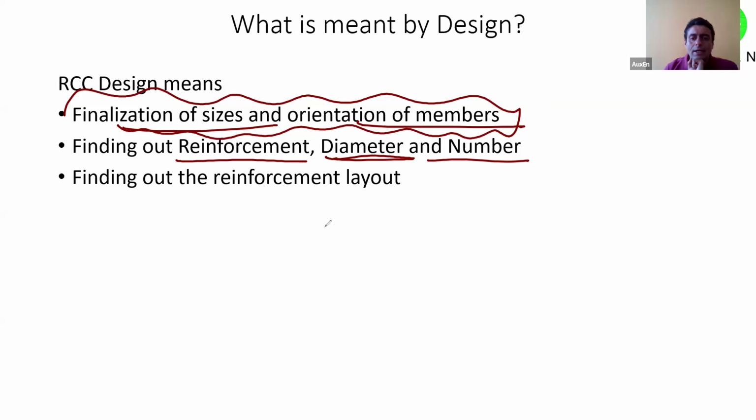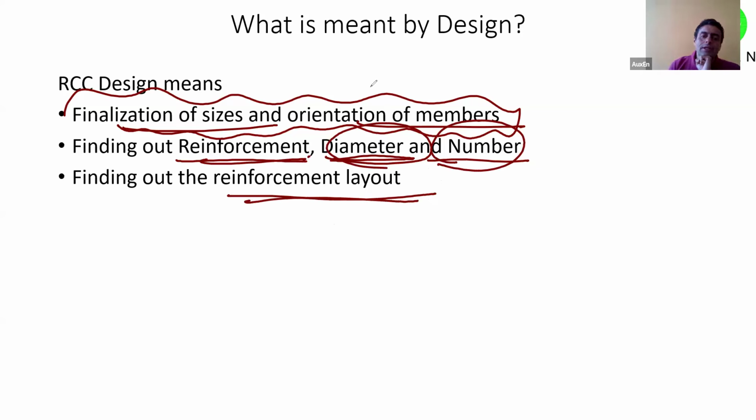Which bar diameter and in how many numbers, or at what spacing we are going to place, and where we are going to place. That would be important. And then the reinforcement layout, how it would be placed. So first the reinforcement quantity and then how to place it. And of course, before that, finalization of sizes and orientation.